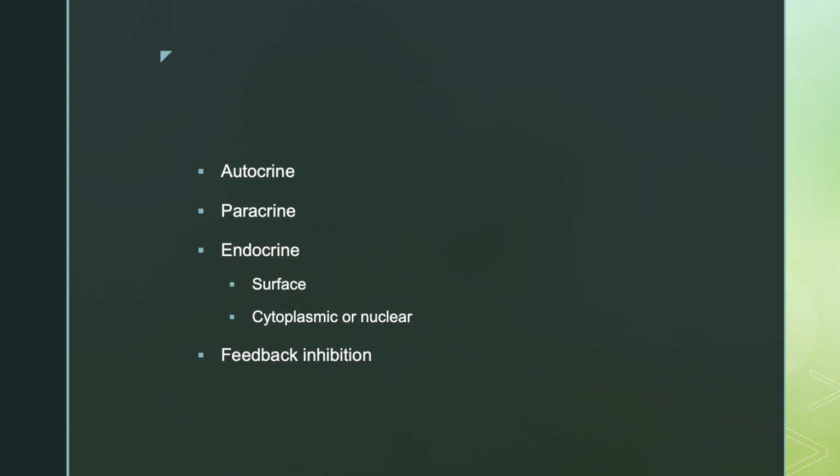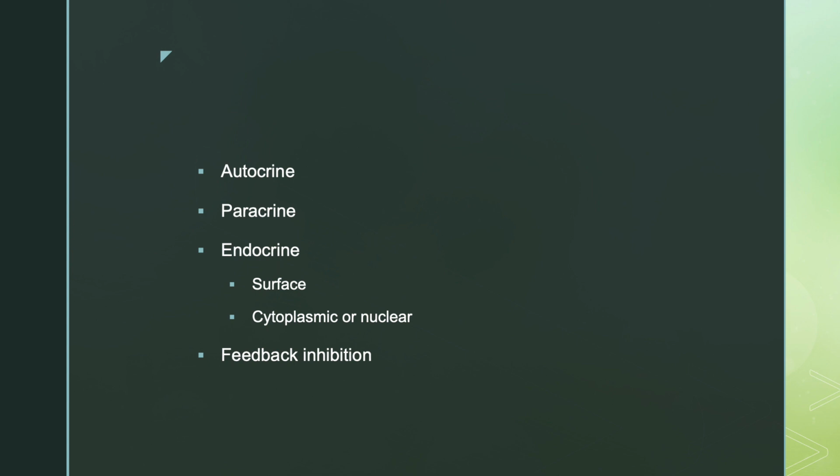These hormones are usually transported through the blood, and they exert their effect through binding to receptors on the surface or inside of the cell, whether on the nucleus or in the cytoplasm. Examples of hormones that utilize nuclear receptors include estrogen receptor, progesterone receptor, and thyroxine.